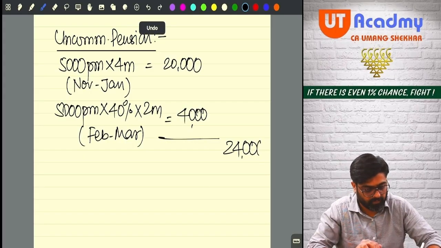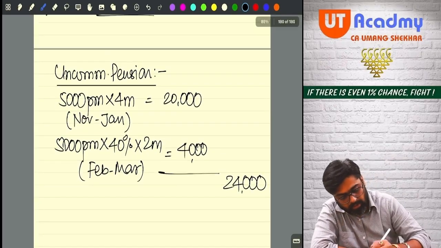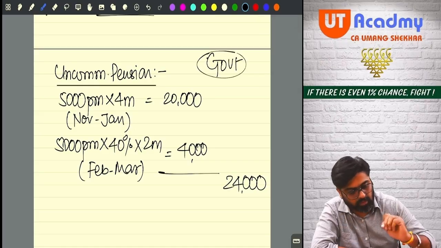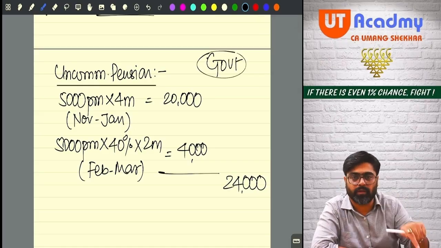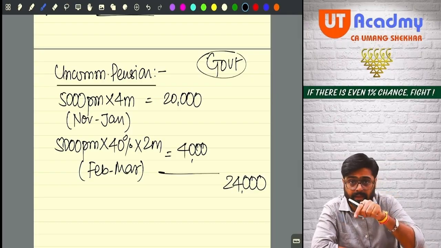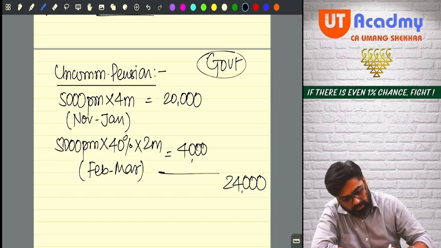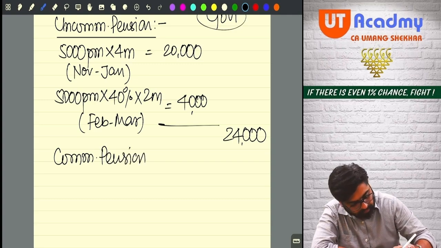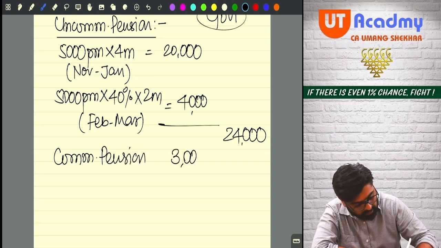This will be taxable. Now wait, if we assume that he is a government employee, for a government employee this is fully taxable. But he is a government employee getting the commuted pension also, no? So I will have to write down the commuted pension which he took, 3 lakh rupees.